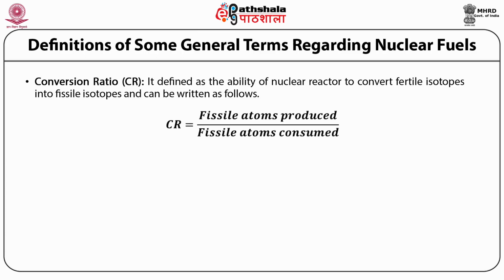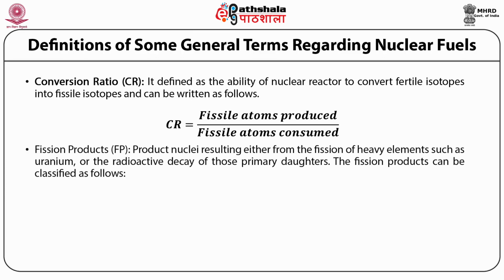That is, CR is equal to fissile atoms produced divided by fissile atoms consumed. When CR is greater than 1, it is called the breeding ratio, or BR, that is generally found in the case of fast reactors.